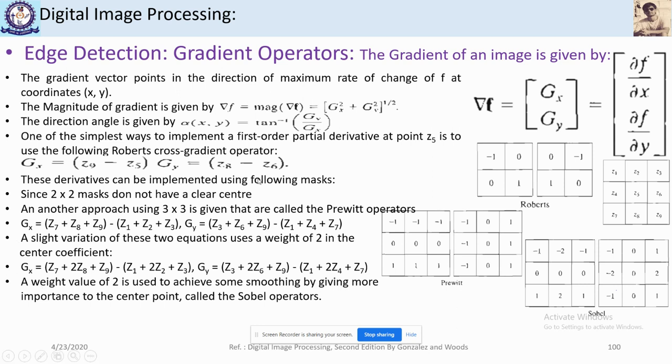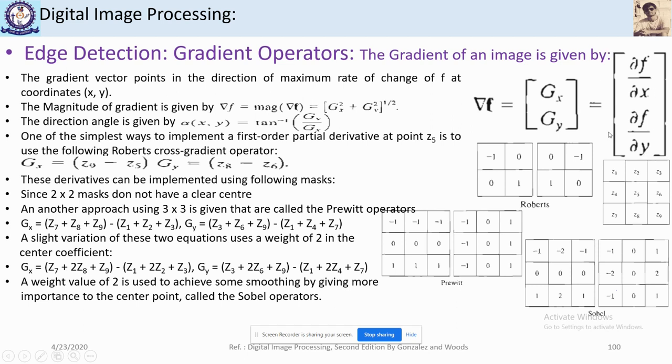The gradient of an image is defined by del f, that we call the gradient of f. It is given by this array of two coefficients, Gx and Gy. Gx is the partial derivative of f with respect to x, and Gy is the partial derivative of f with respect to y.